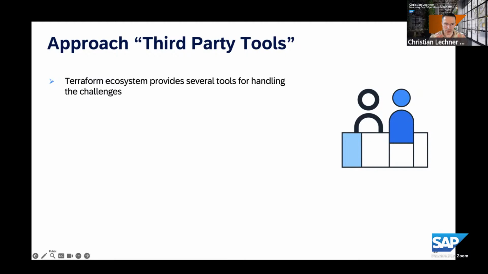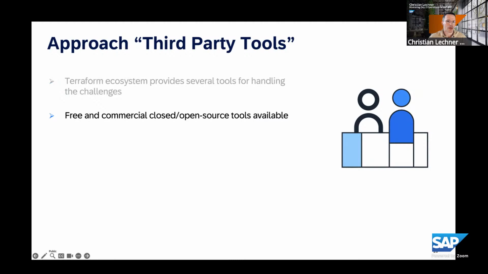Talking about third-party tools, the Terraform ecosystem, as was mentioned at the very beginning, is a super huge one. So there are tons of tools for different challenges, for different requirements that are maybe not covered by the Terraform CLI and that are covered by those tools. These tools come in all variants, so free, commercial, open source, closed source, whatsoever.